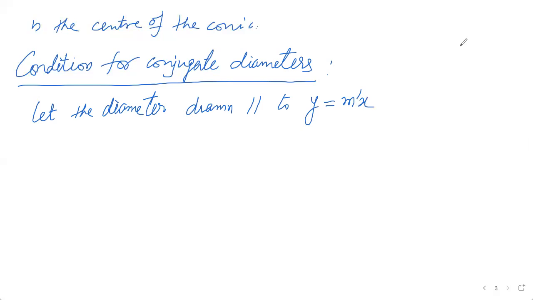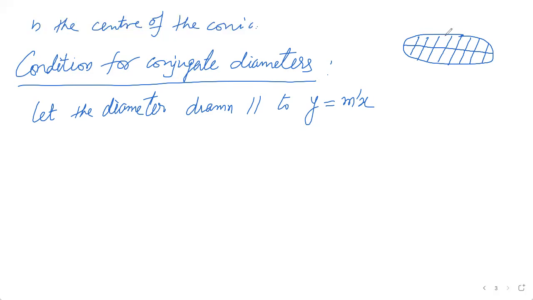So you are having like this. Suppose you have a conic. Suppose this. So here, if you have, these are the parallel chords. Suppose, and you have this line. This is the locus of all the chords. Locus of the middle points of all the chords.